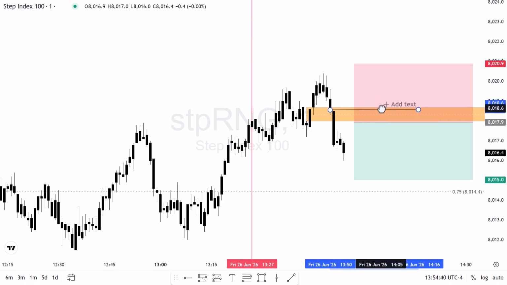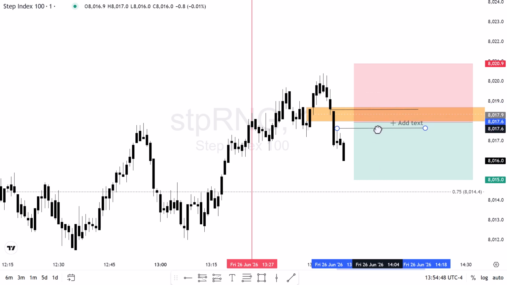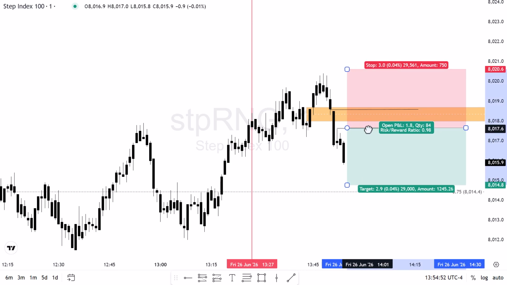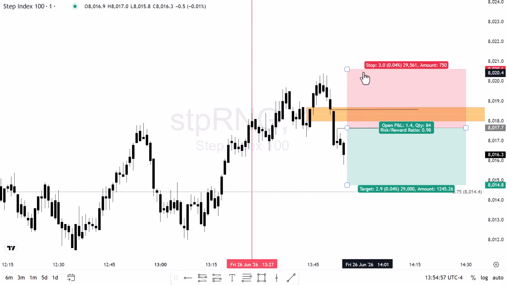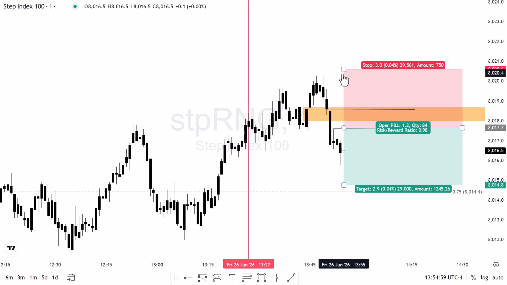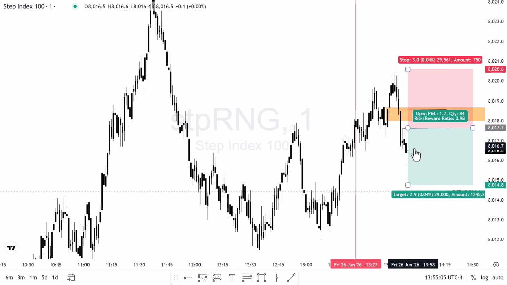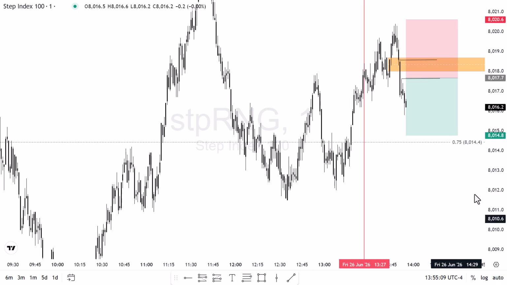So I'm going to grab that particular volume imbalance and copy it and paste it right here, so I can have my entry like this. From this particular inefficiency, my stop loss is still 3 points. It is above this particular high. I am still safe. So I'm just going to be waiting for price action to come back into that to offer me a beautiful short setup.